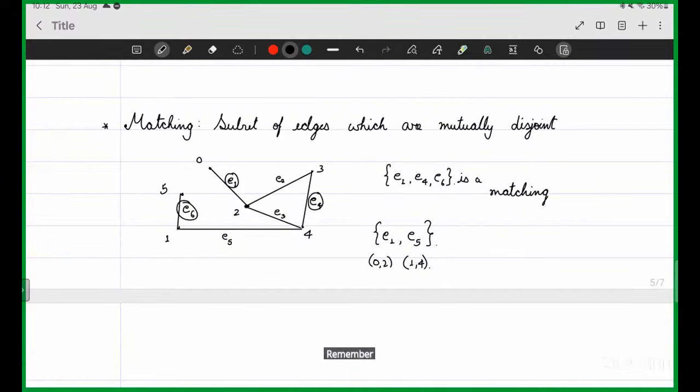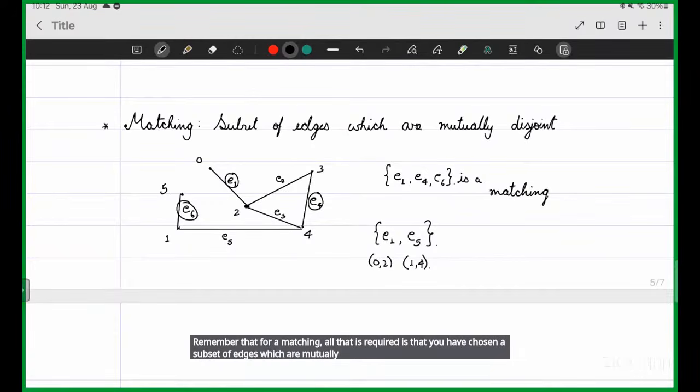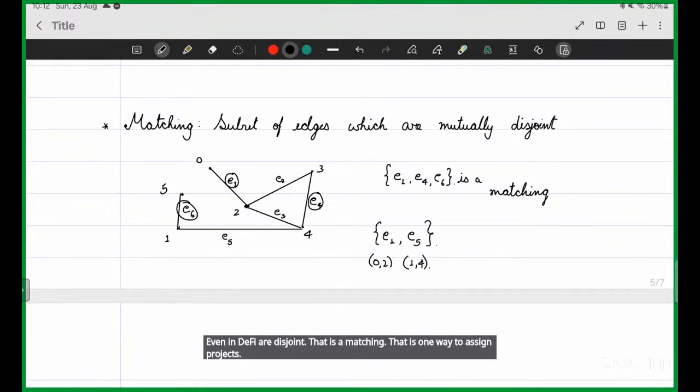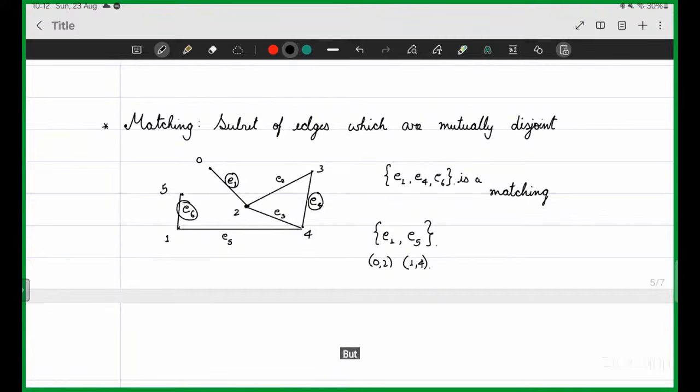Remember that for a matching, all that is required is that you have chosen a subset of edges which are mutually disjoint. E1 and E5 are disjoint. That is a matching. That is one way to assign projects. But then 3 and 5 won't be able to do it. So this is not a perfect matching.